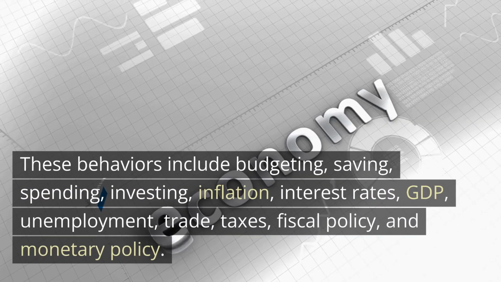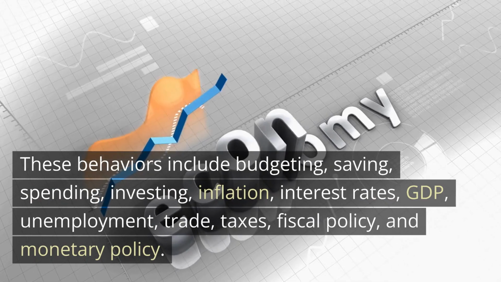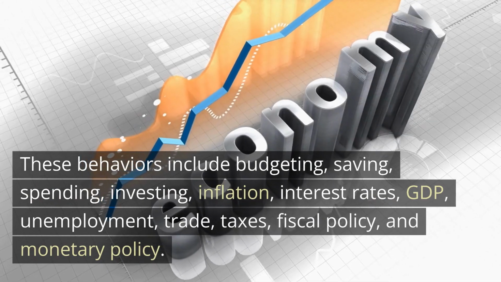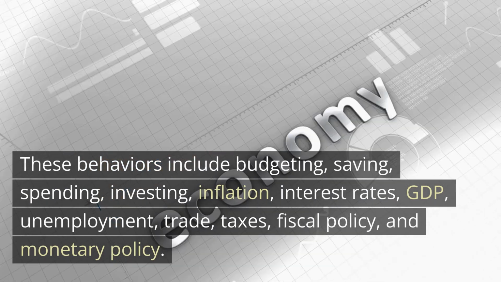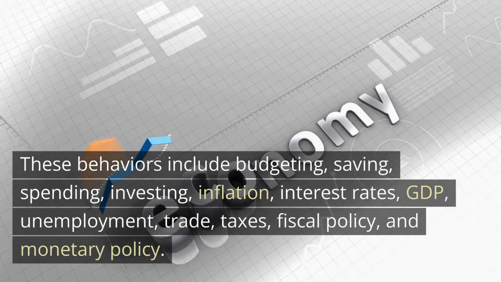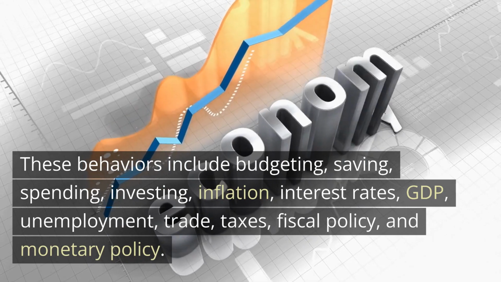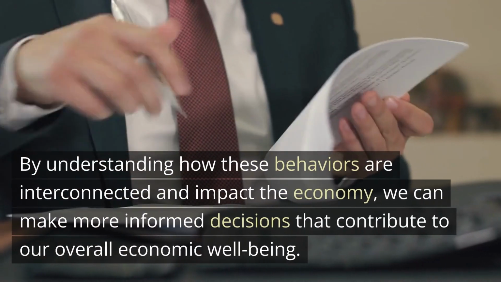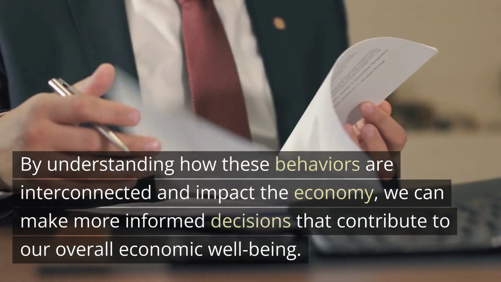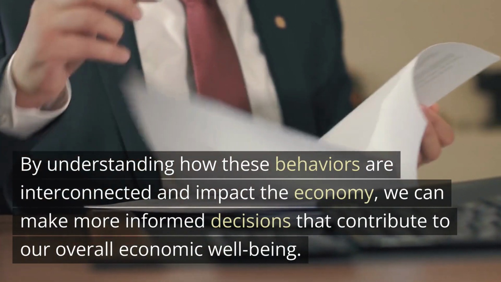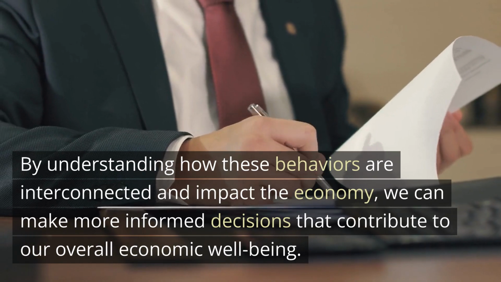These behaviors include budgeting, saving, spending, investing, inflation, interest rates, GDP, unemployment, trade, taxes, fiscal policy, and monetary policy. By understanding how these behaviors are interconnected and impact the economy, we can make more informed decisions that contribute to our overall economic well-being.